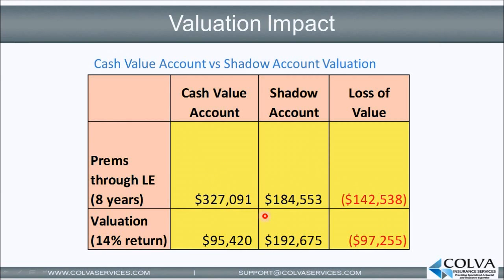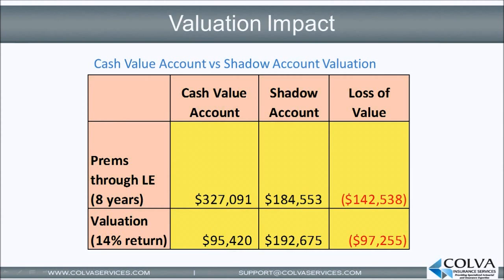However, if this life settlement investor or life settlement provider were to properly minimize premiums using shadow accounts, they would be able to offer this policyholder $192,000 while still obtaining their 14% expected return. This is a nearly $100,000 difference in valuation.